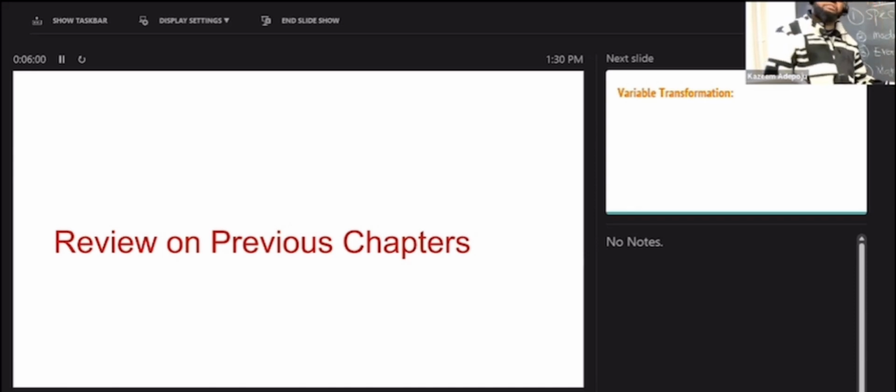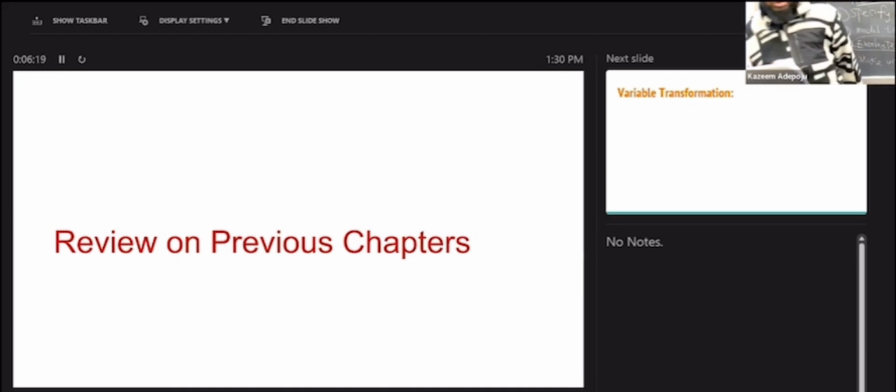But in a situation where you are evaluating your model and there's a violation of assumption, then we need to fix the problem. That is what leads us to what we want to do now.